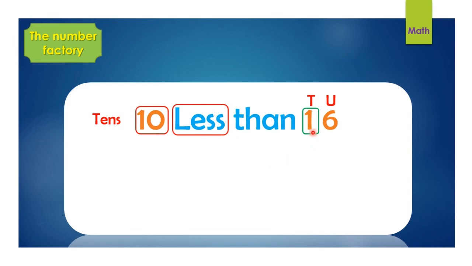How many tens do we have? 1. Take 10 away. When I take this 1 ten away, do we have any tens? No, nothing, mister. So I'll cancel this ten. So what is left here? I have here only 6, mister.